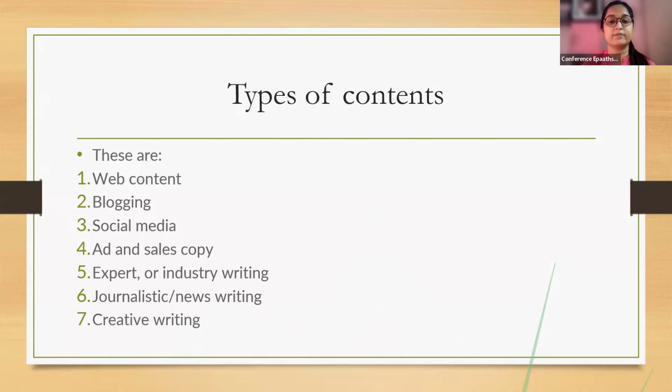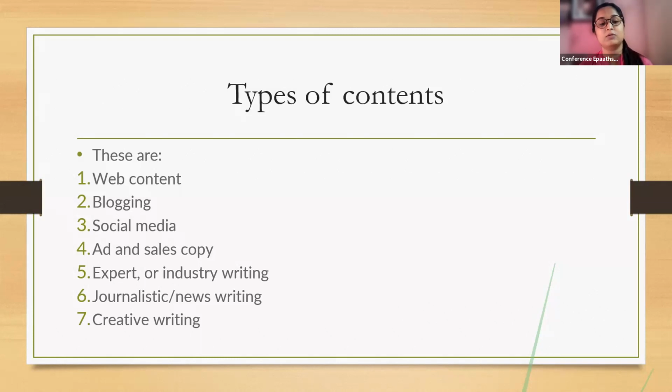Okay, what are the types of contents? There are 7 types of contents I have written for you. Now you can include some others also, if you know them. So number 1 is web content. Second one is blogging. Third one is social media. Next, ad or sales copy. Number 5, expert or industry writing. Number 6, journalistic or news writing. Number 7, creative writing.